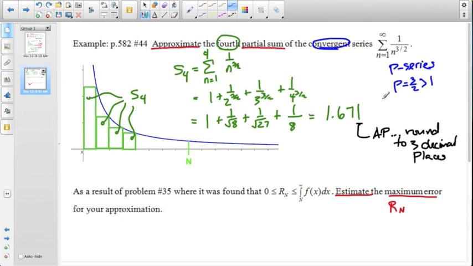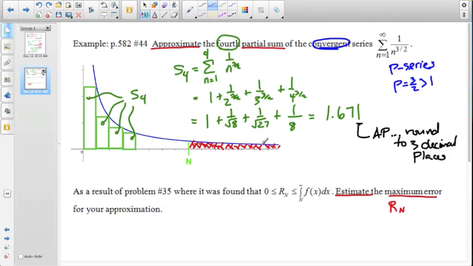If we look at the next type of problem, estimate the maximum error, we know that the maximum error is going to be no bigger than the area underneath the function from n out to infinity. At most, it's going to be that much. If we would draw green rectangles in here, all of those rectangles would be littler. They would lie beneath this function.